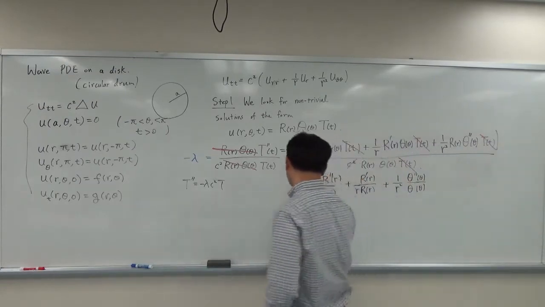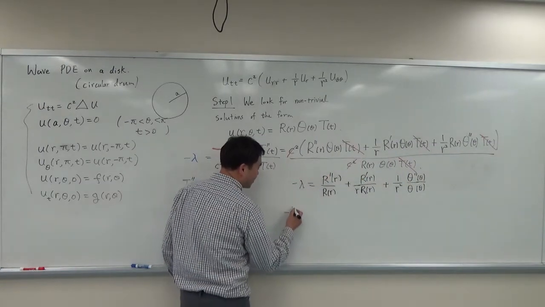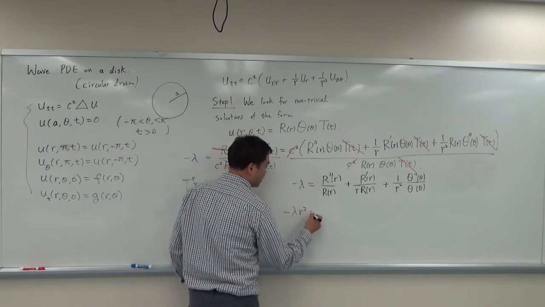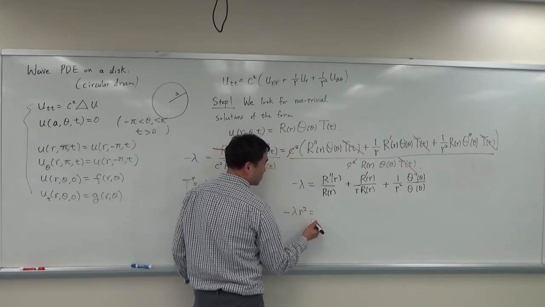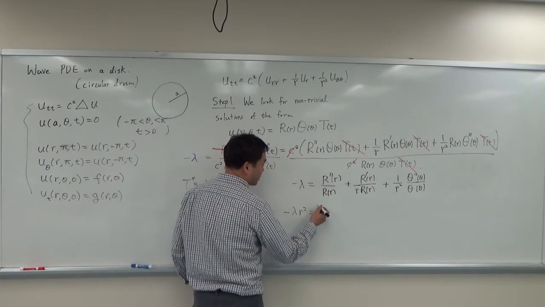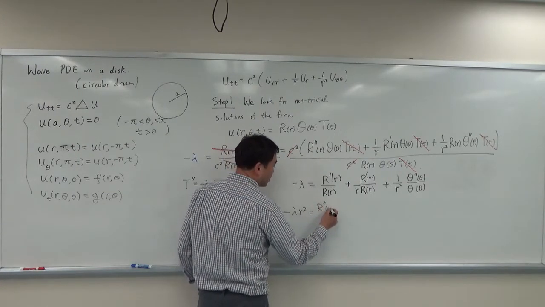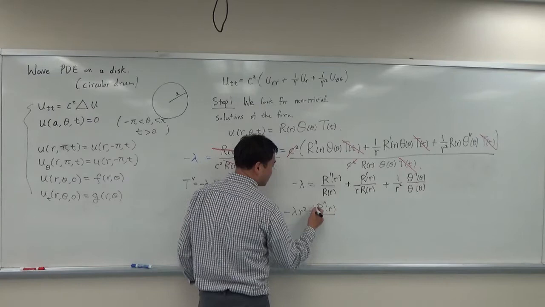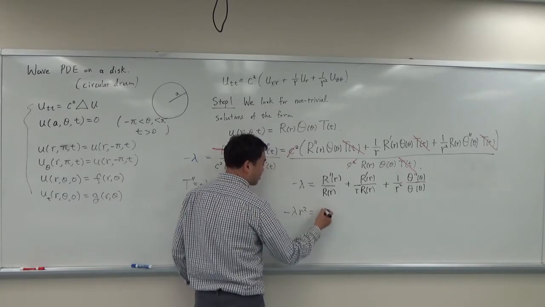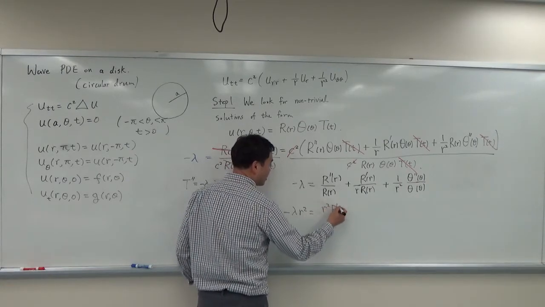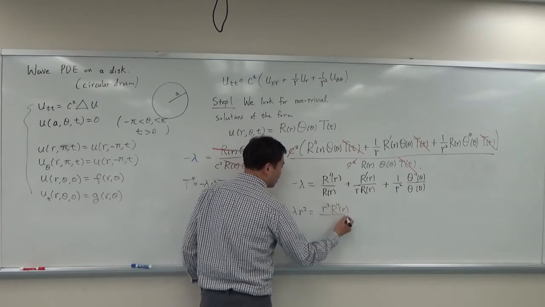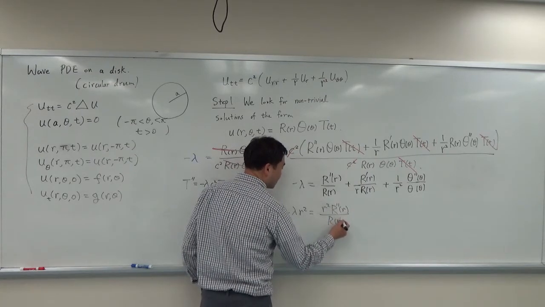So we get negative lambda r squared equals r double prime of r over, sorry, that should have r squared there. So r squared r double prime of r over r of r.